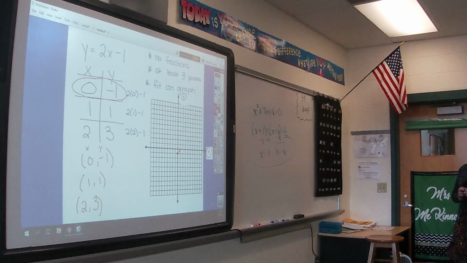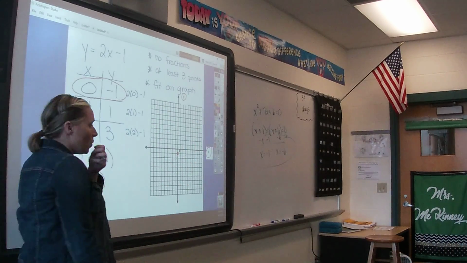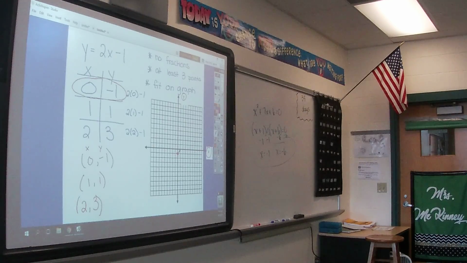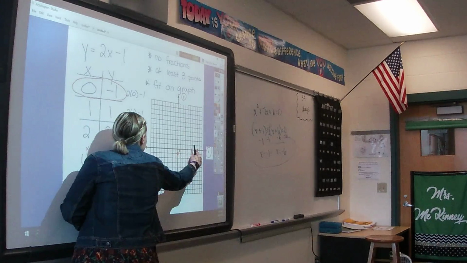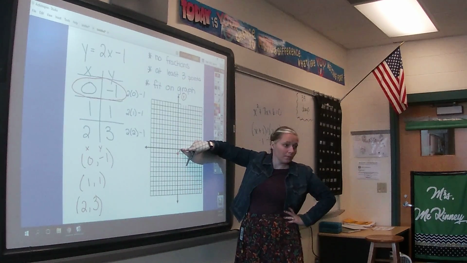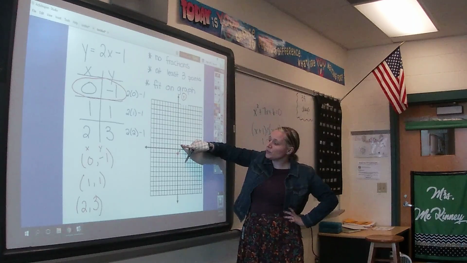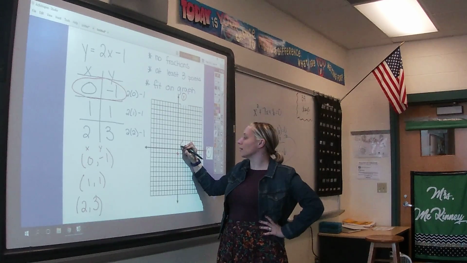Okay, then I'm going to plot my next point. 1, 1. So I'm going to go to 1 on my x-axis, which is my horizontal, so I'm going to go to 1. Then I'm going to move to 1 on my y-axis, which is up 1, and so I will make a point here.